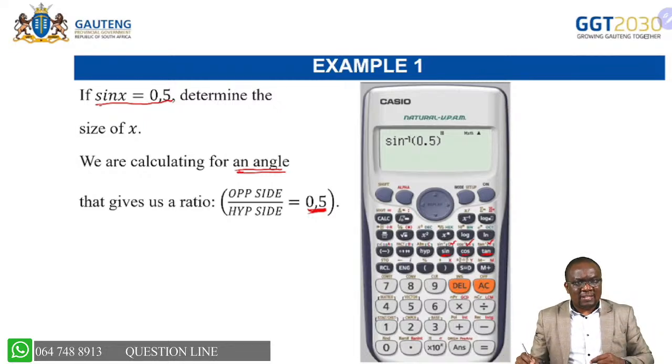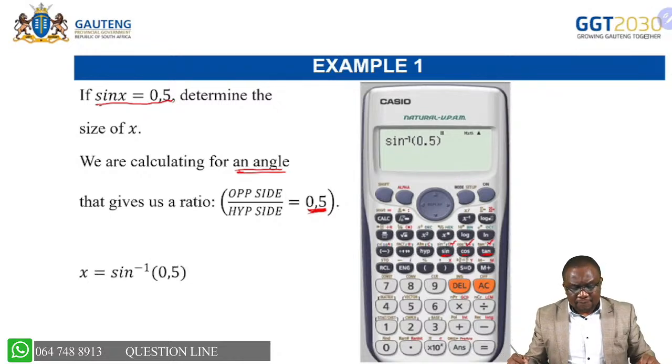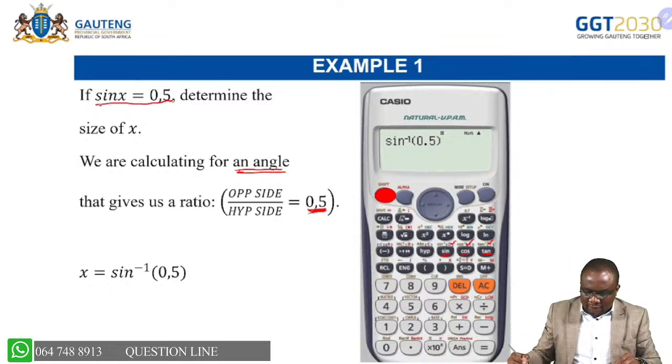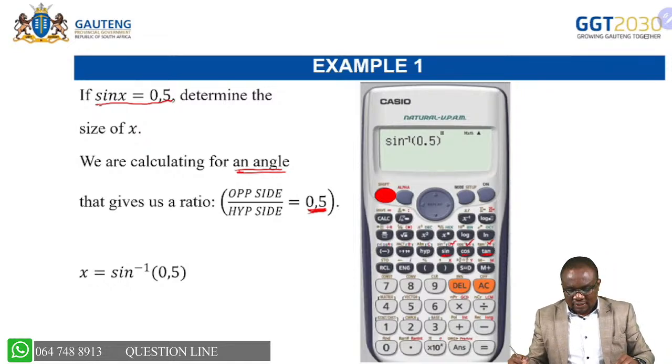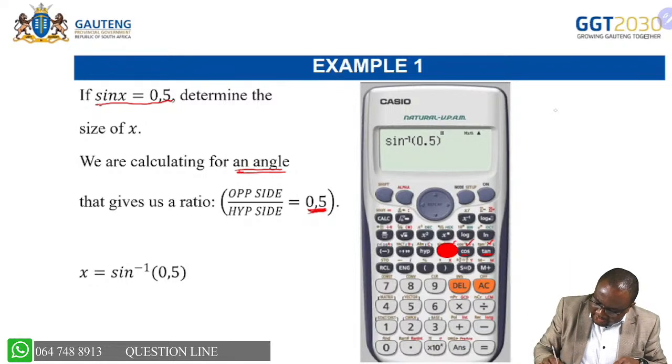Okay, let's do it together. Now I want you to press shift because we want to go to the second function. There is shift. You see where there's a red button there? Then press your sine. That's your second function there. Press that. So now you must have something like this on your calculator screen. Then open bracket like that.